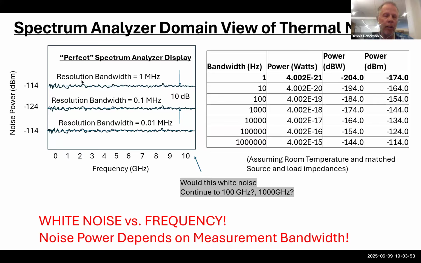But the key thing I want to show right here is that it's white noise. And since it's not a particular frequency, the more bandwidth you have for observation, the more noise you have. And if you take the spectrum analyzer, just type in different values for resolution bandwidth, then the noise floor will scale up and down with how wide of a filter you have in front of the spectrum analyzer. So that's the spectral domain of white noise.